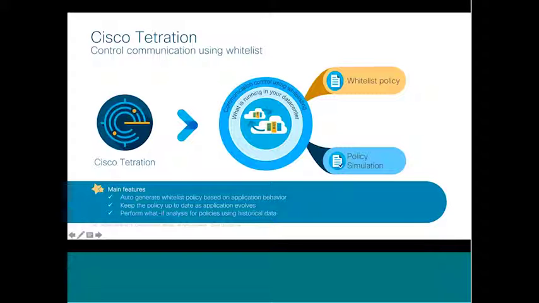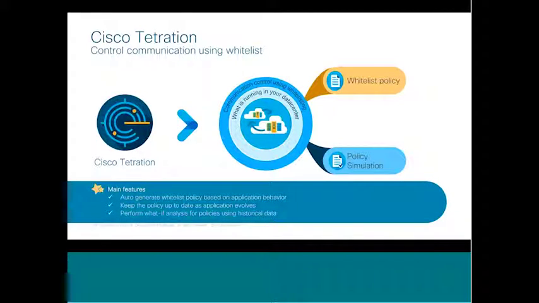So the administrators don't have to trust that whitelist policy blindly. They can take that whitelist policy and do a policy simulation on the platform. So they can really test the policy to see what traffic will be allowed and what will be dropped if that policy is enforced. We will come to the enforcement mechanisms customers can embark on and how it is important.